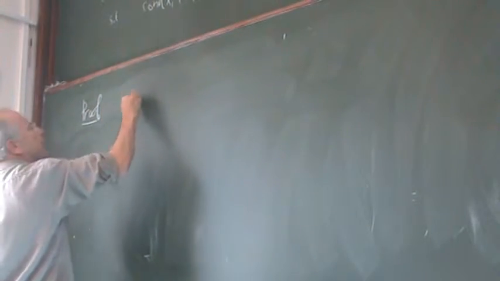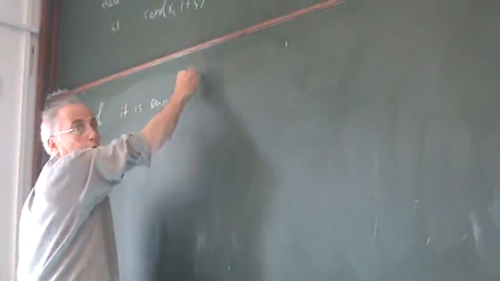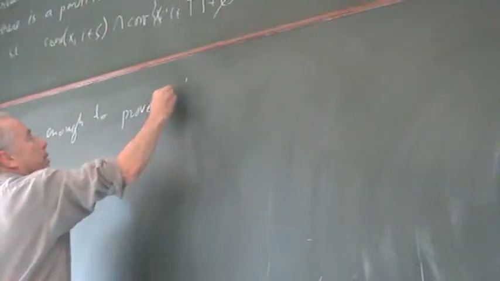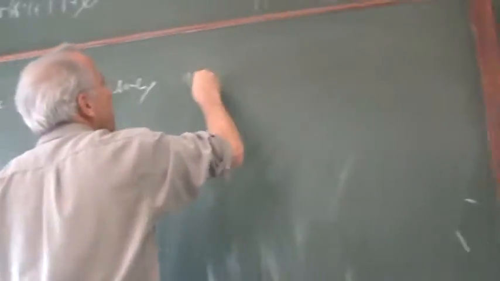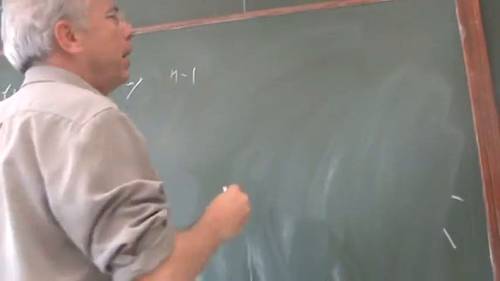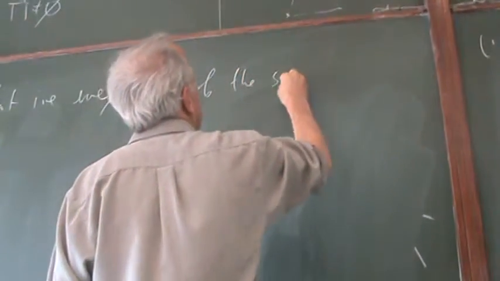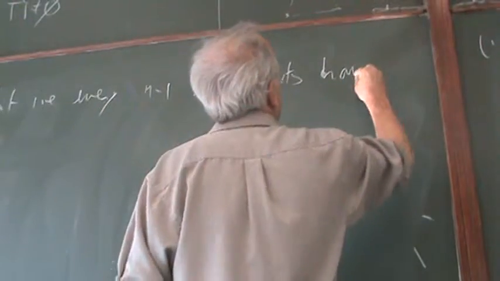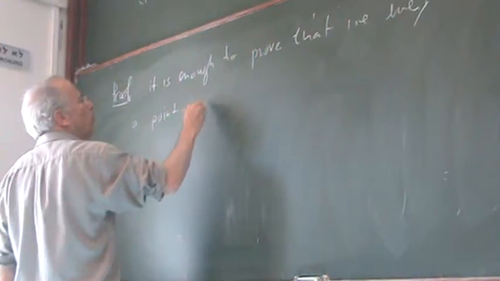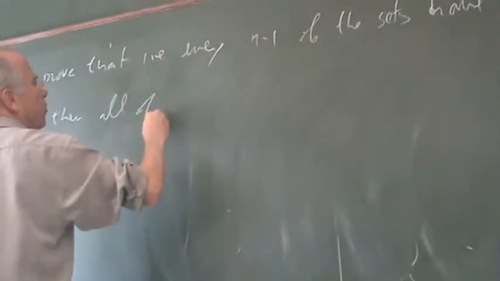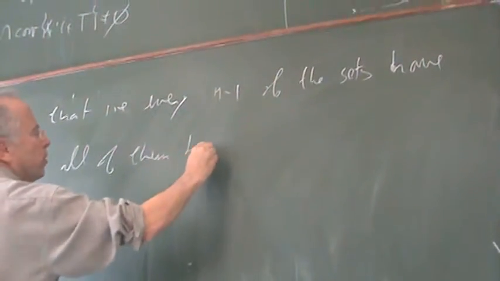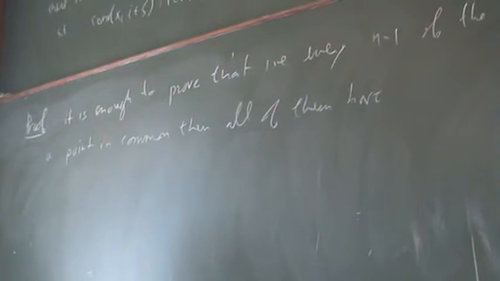It is enough to prove that if every n minus 1 of the sets have a point in common, then all of them have, because then we can continue by induction.